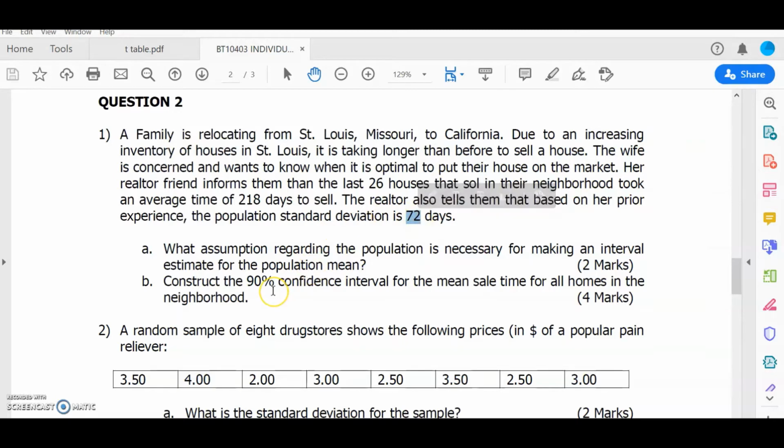Apart from that, in order to construct the interval estimate, we are given a confidence level of 90%.